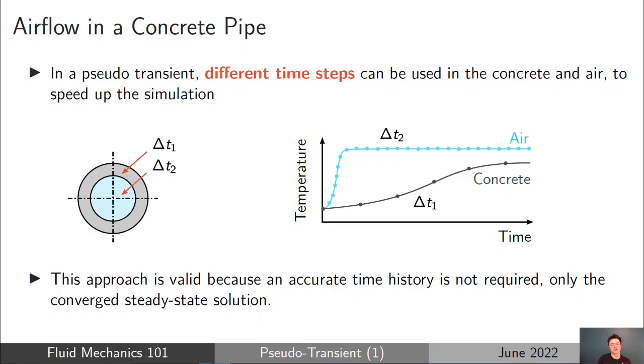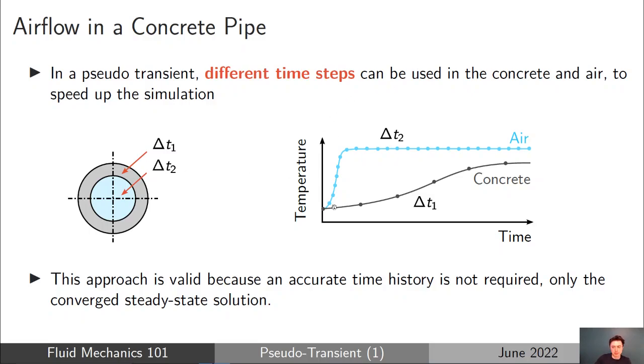Now, a massive advantage of the pseudo-transient approach is that because we don't care about those intermediate solutions, remember we throw them away and we're just jumping through time as fast as we can, not properly converging until we get to that final solution. And what that means is that we can use different time steps in different domains in the CFD code.